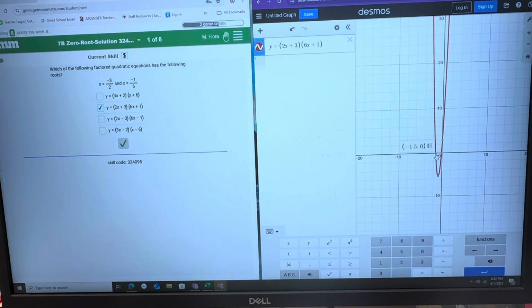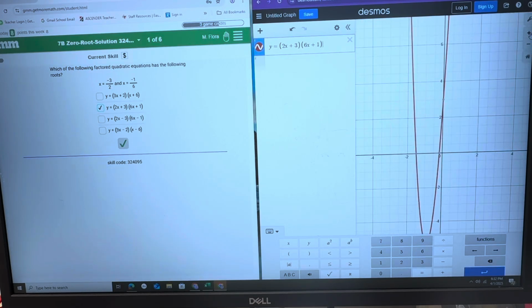And let's see. 2x plus 3, 6x plus 1. And that is negative 1.5. So if we zoom back in or out, then now it's a 1-to-1 relationship.